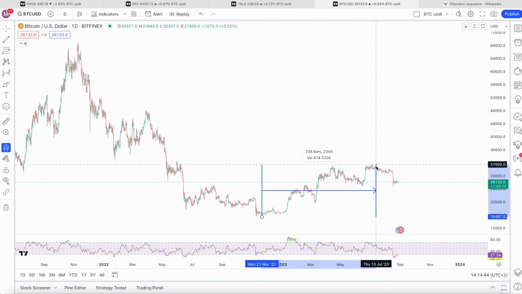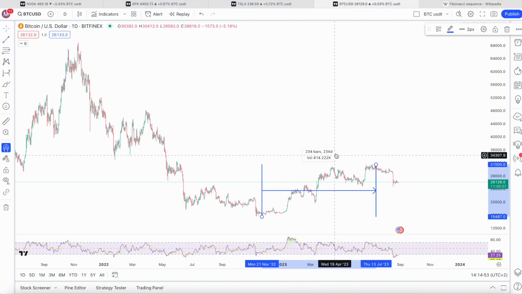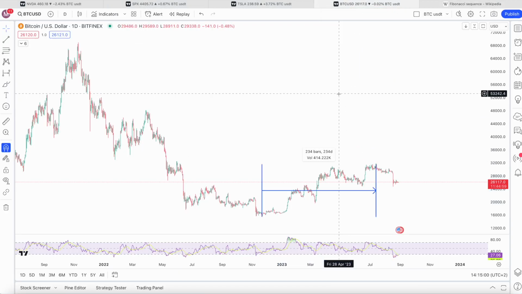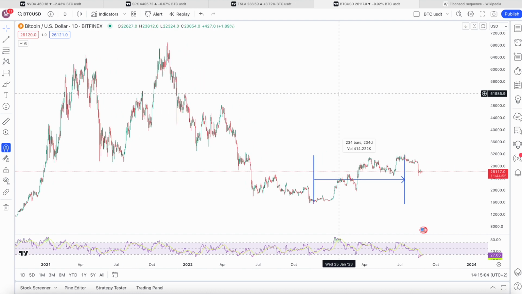Okay, we have it here. 234. Fibonacci number, 233. Again, one day from it. Is this magic? No. It's just that there is more maths in the markets than you really think.